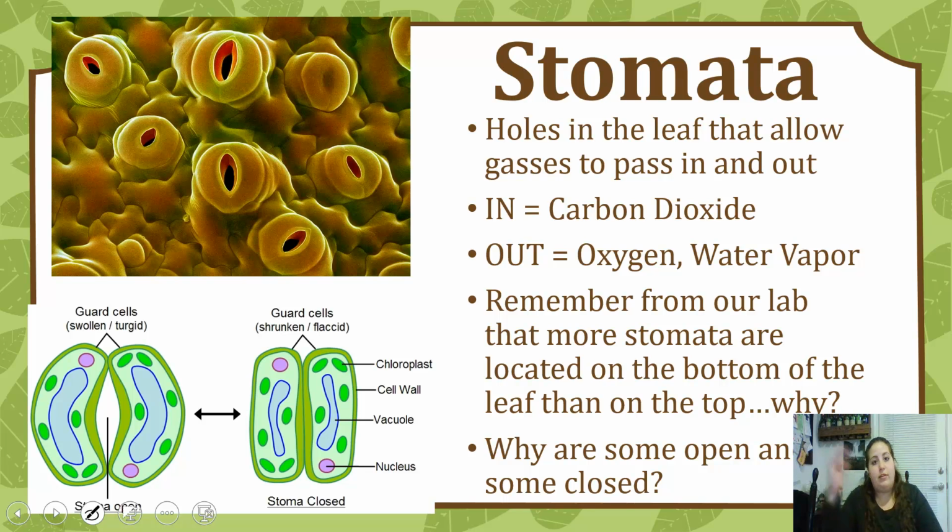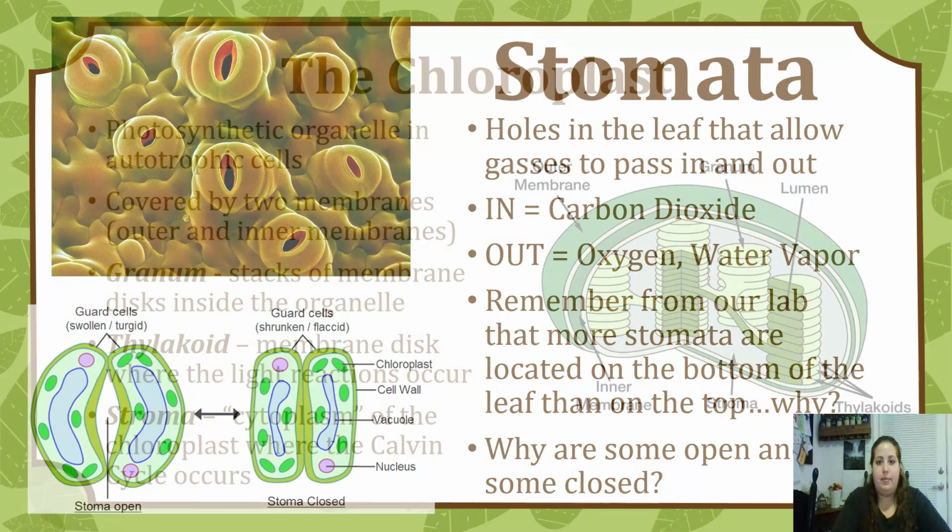This is so that when the sun's rays are beating down on the top of the leaf, we minimize the amount of water that we lose as water vapor escaping from the stomata. The plant also opens and closes the stomata when it doesn't need to do as much gas exchange, in order to minimize the water that it loses as water vapor.